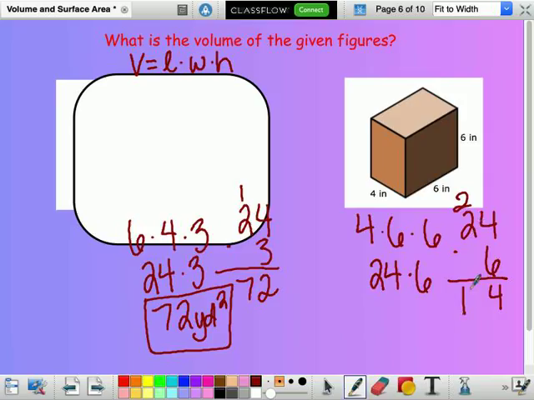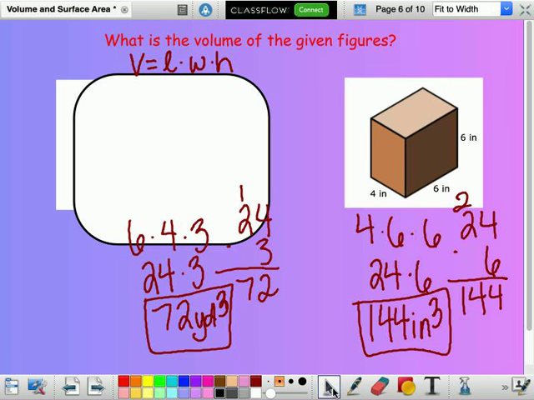Plus 2 is 14. So my answer is 144 inches. Ooh, squared, cubed. I definitely messed that up. This is going to be cubed.